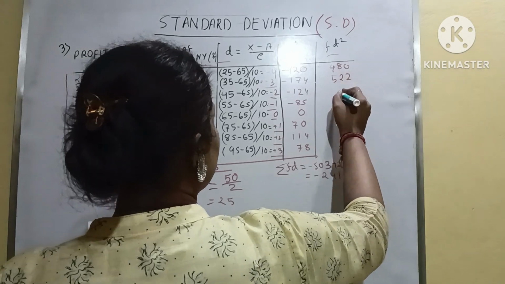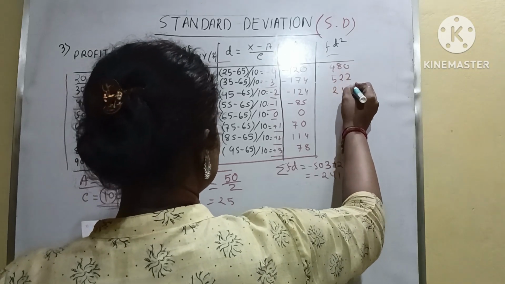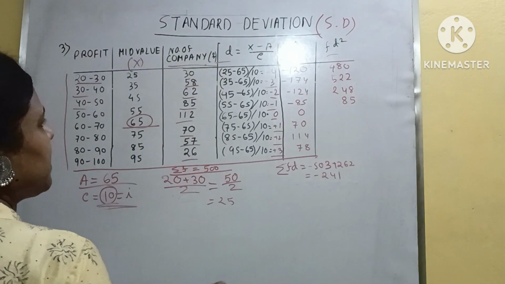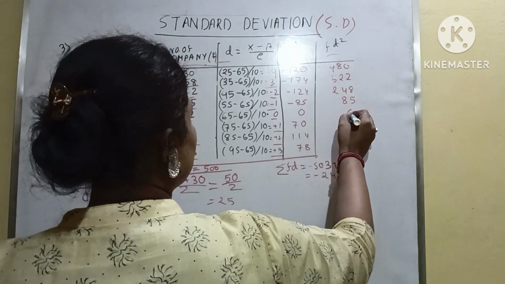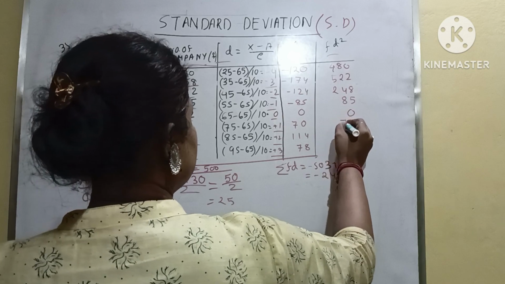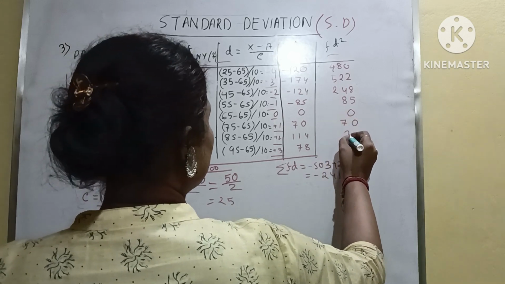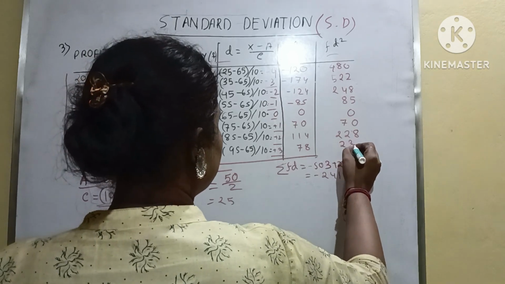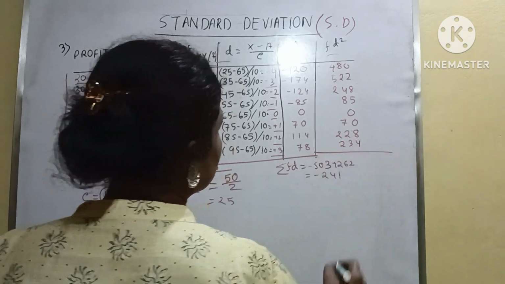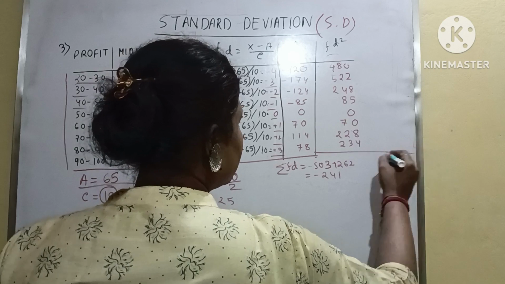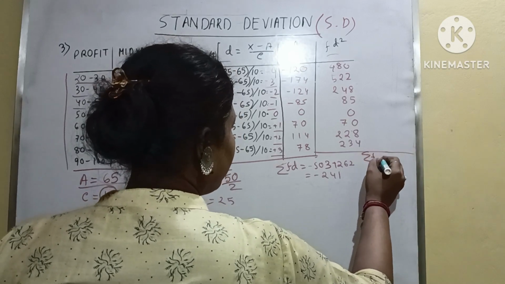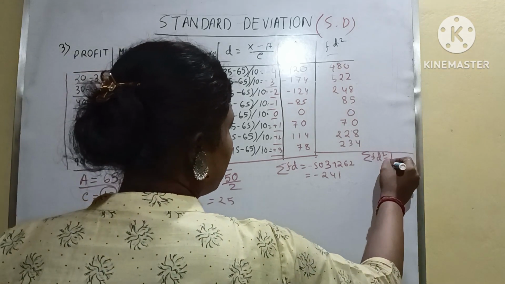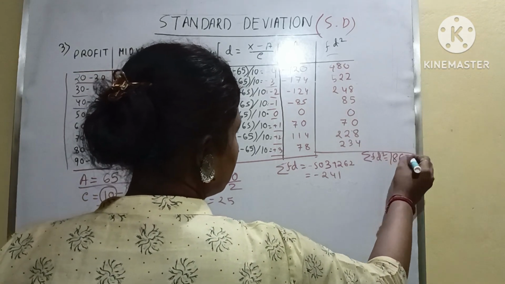In the same way, 248, 85, 0, 70, 228, and 234. Next we calculate the summation of fd square. Just adding the values, you get 1867. Clear?